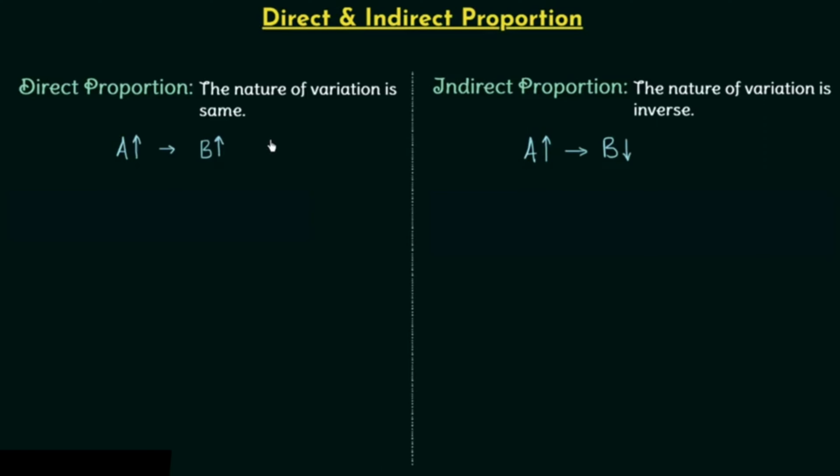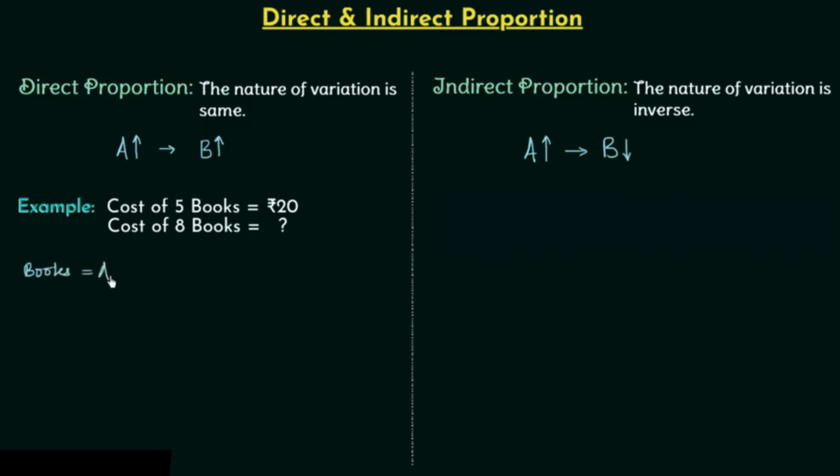Now we will take one example of direct proportion. We have 5 books costing 20 rupees and we need to find the cost of 8 books. Let us say that the books are our quantity A and the price for the books is our quantity B. Now what type of proportion do we have in this case? Initially we have quantity A as 5, then quantity A increased to 8.